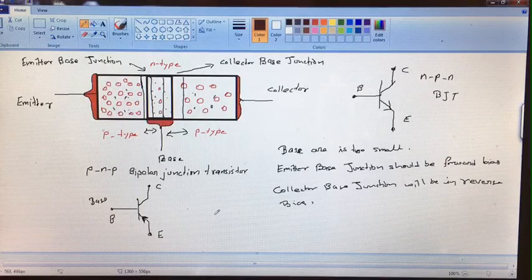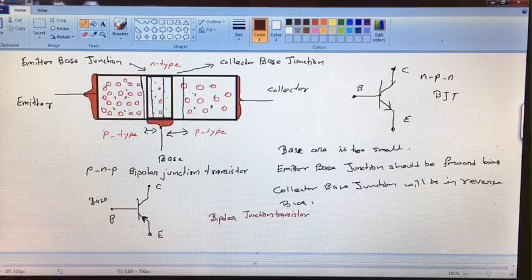Let's see. Bipolar junction transistor. It is not only because of the two junctions that we call it bipolar. No, the main thing is the charge carrier.